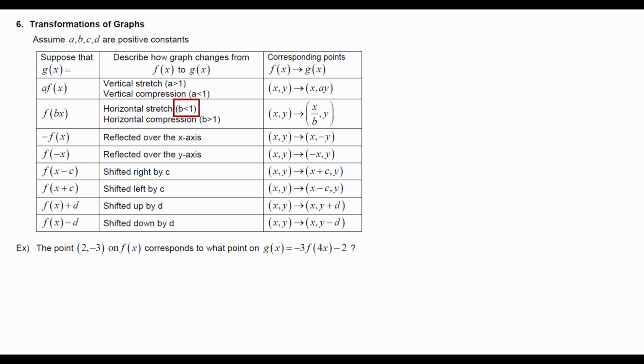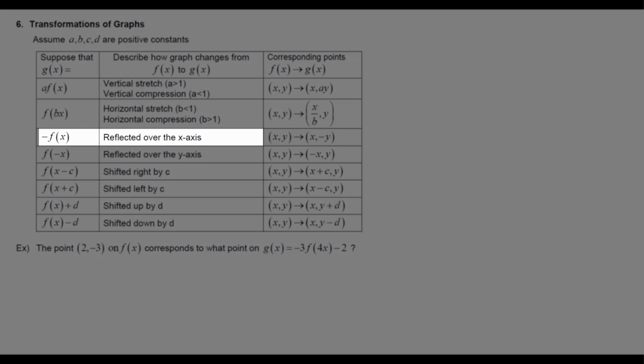If b is smaller than 1, it is the stretch actually, and if b is bigger than 1, you actually get the compression. And for a given x comma y in f, if you have f of b of x, instead of multiplying the x coordinate by b, you actually divide the x coordinate by b, and that would give you the resulting graph.